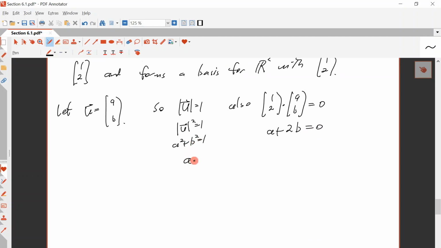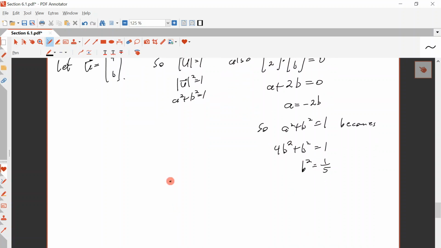So let's combine these. a is equal to minus 2b, so a squared plus b squared equals 1 becomes 4b squared plus b squared is 1, so b squared is 1/5. So b is plus or minus 1 over root 5.